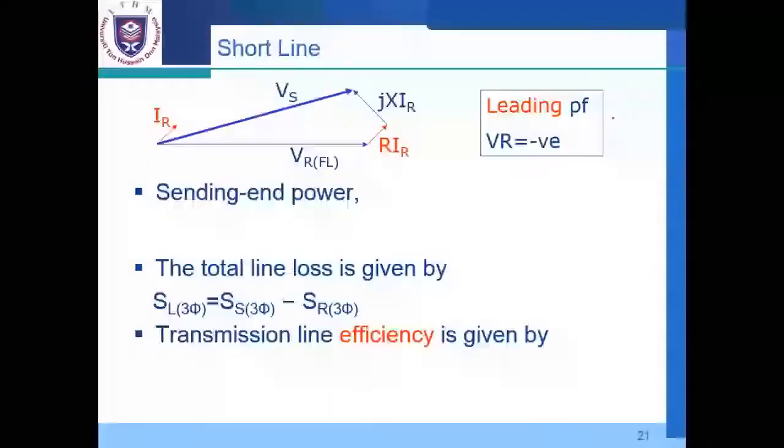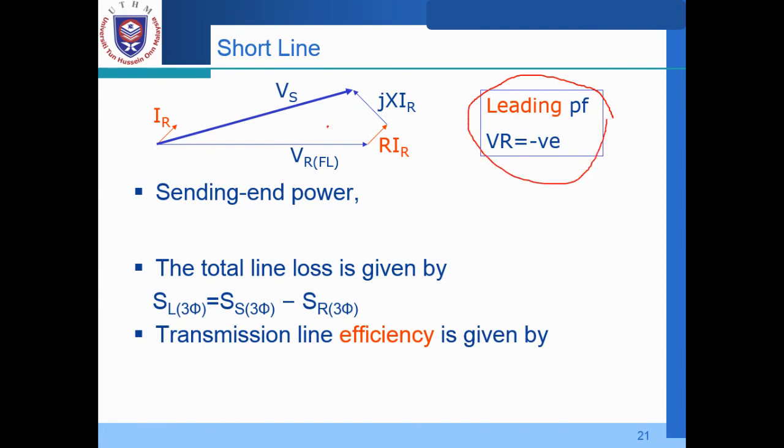So what about the leading power factor? When IR is leading VS as well as VR, we have a shorter VS over here. This is the shorter VS, the dotted line, just to compare with VR. This is again the phasor diagram.